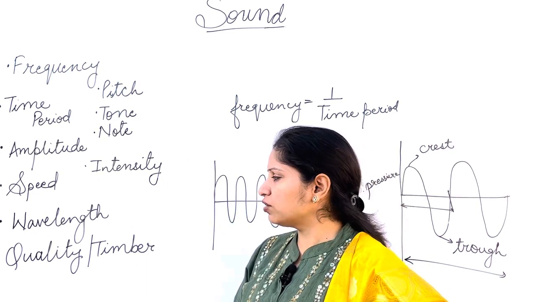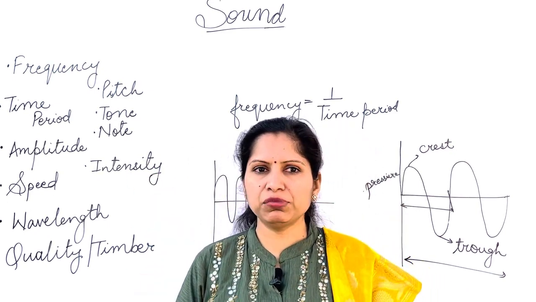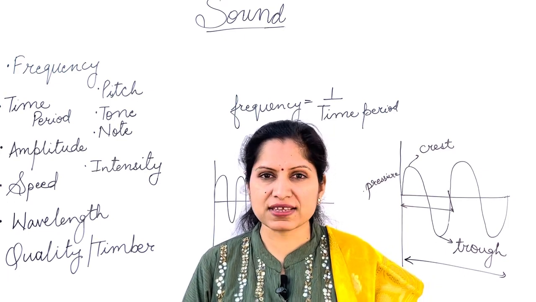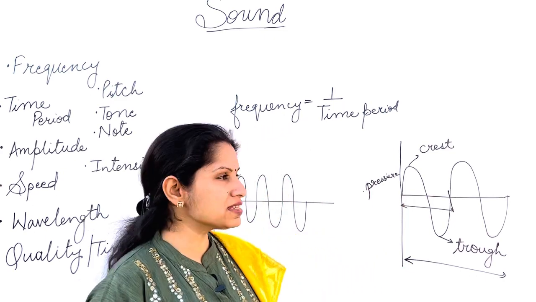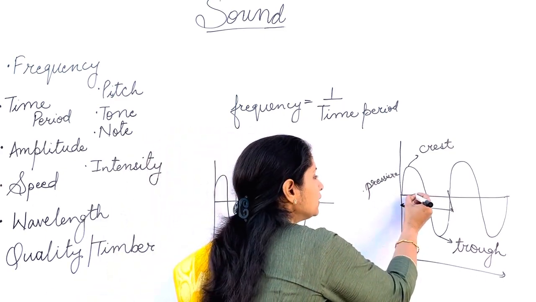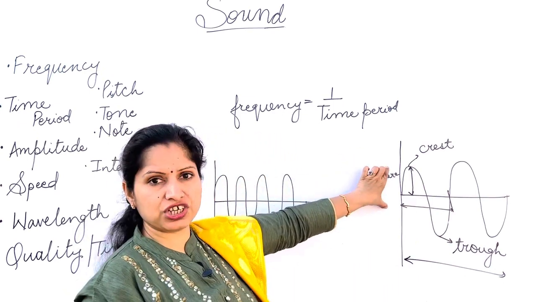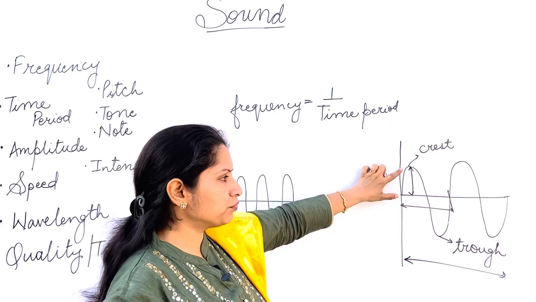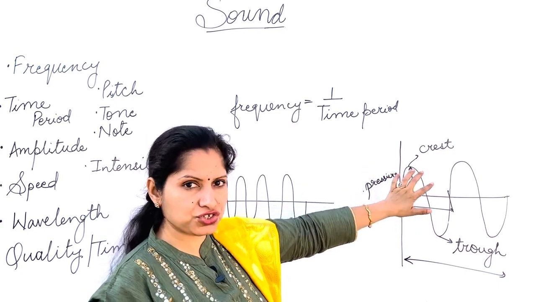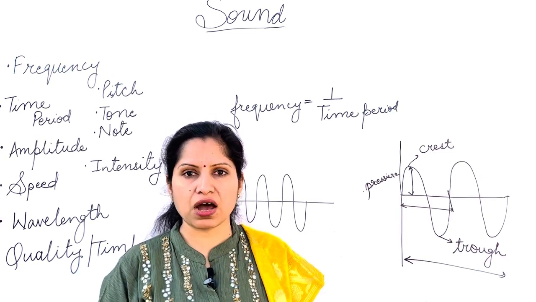Now we will talk about amplitude. We will talk about amplitude because we were worried about loudness. I told you that loudness is not dependent on frequency. Then what is loudness? The maximum pressure change occurring in a wave, the distance from the base position, how much the pressure is changing, defines the amplitude of the sound.